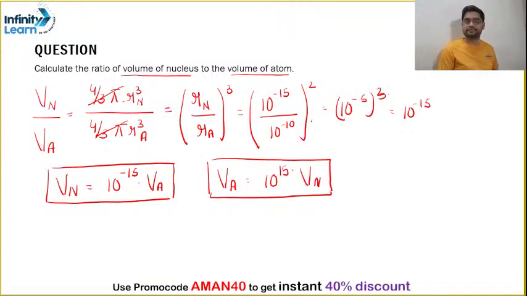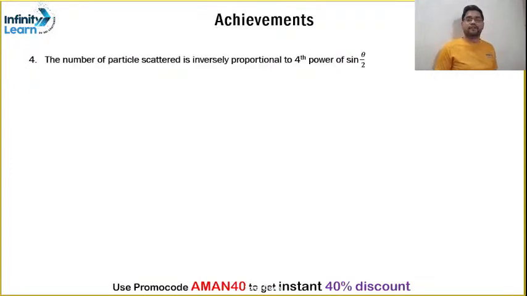Clear? Perfect. The last one: the number of alpha particles scattered is inversely proportional to the fourth power of sine theta by 2.